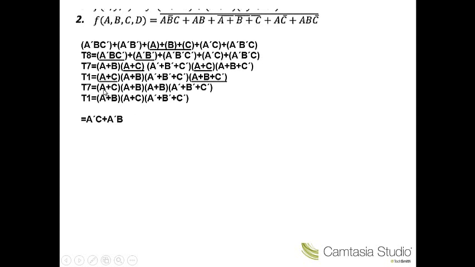Then we use theorem 1 to this one and this one about these values. So this one and this one are this one, as theorem 1 says.